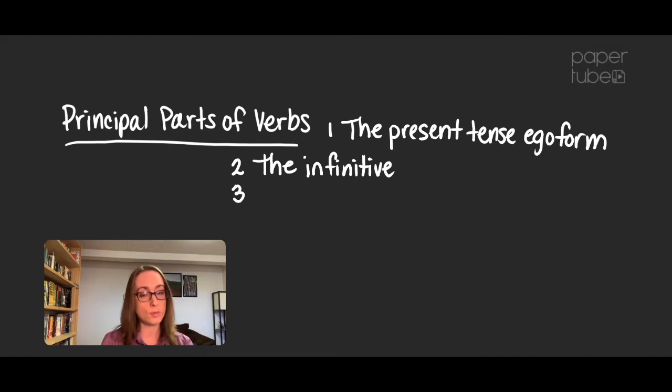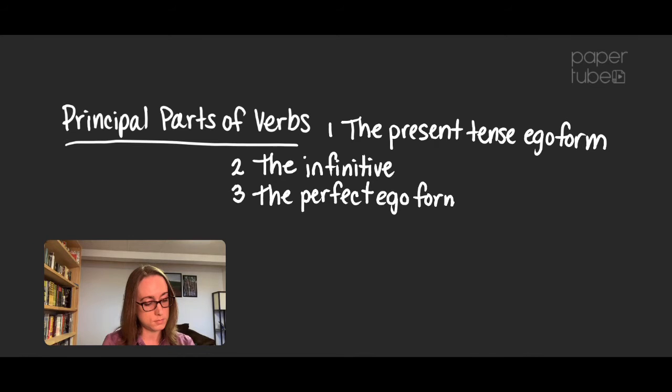The third principal part is the perfect stem, or also the perfect ego form. And the fourth principal part is the supine form.